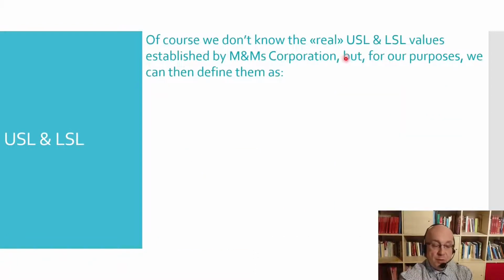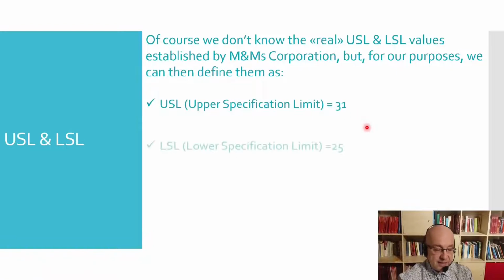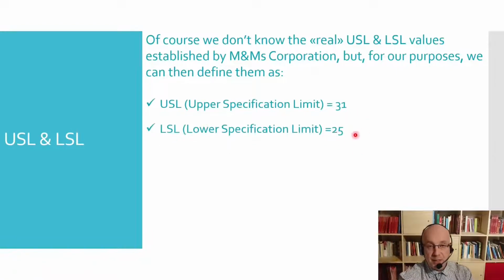Of course, we don't know the real USL and LSL values established by the M&M's Corporation, but for our purposes, we can define them as USL equals 31, as we just said, and LSL equals 25, as we just said.